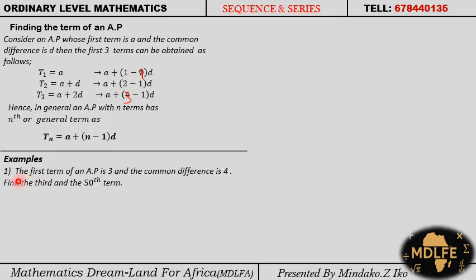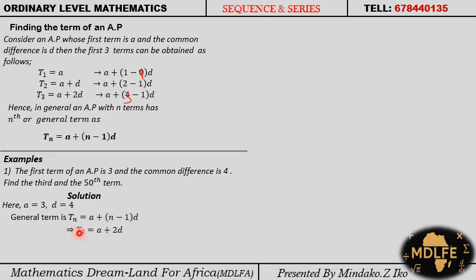Example 1 reads: the first term of an AP is 3 and the common difference is 4. Find the third and the 50th term. Here our first term a is 3, and our common difference d is 4. The general term is Tn equals a plus n minus 1 times d.